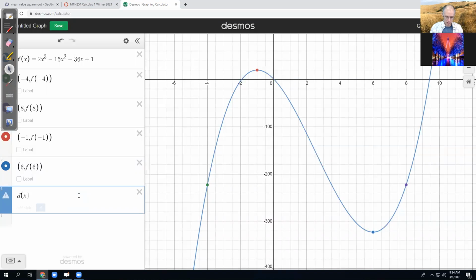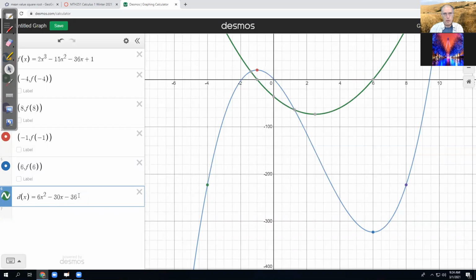So d of x equals 6x squared minus 30x minus 36. What I should see is everywhere I have a horizontal tangent, right, that red point, the derivative should have a corresponding 0.